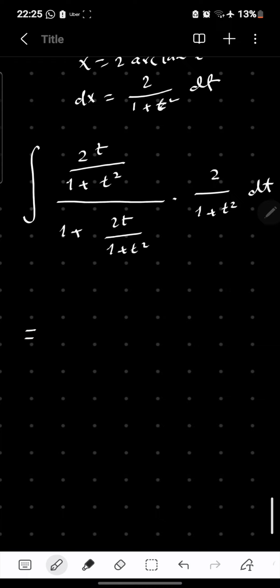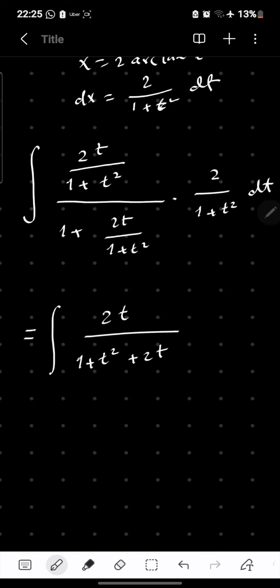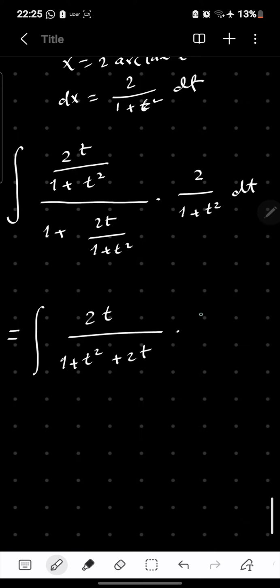Okay, what should we do? What if we multiply up by 1 plus t squared and down by 1 plus t squared? So we have 2t on top, and here we have 1 plus t squared plus 2t, times 2 over 1 plus t squared dt.